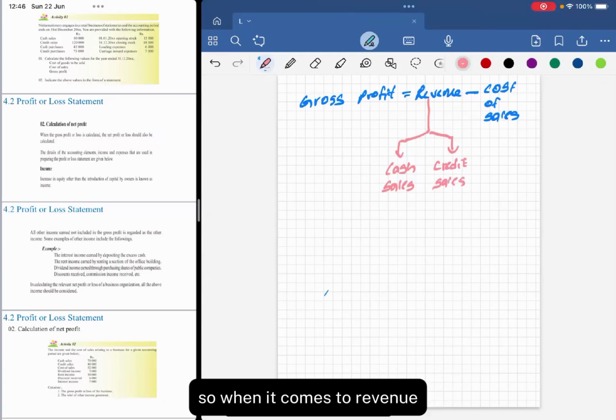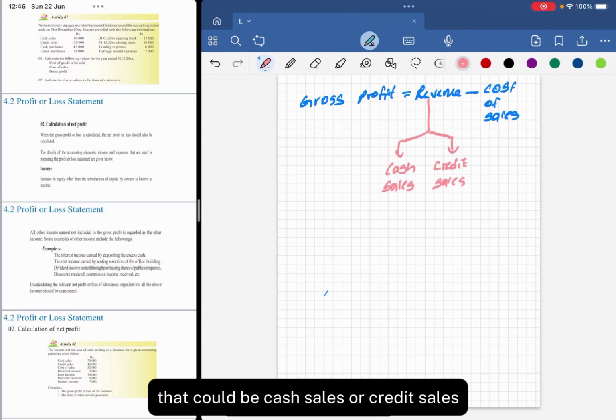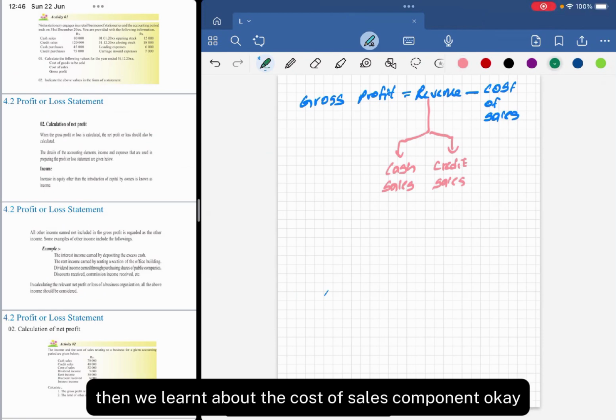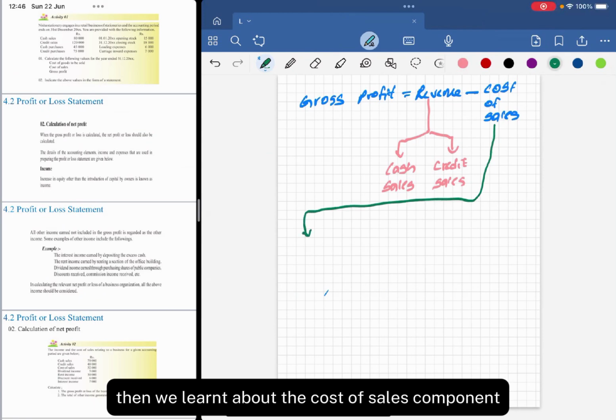So when it comes to revenue, there are two components: cash sales or credit sales. Then we learned about the cost of sales component.